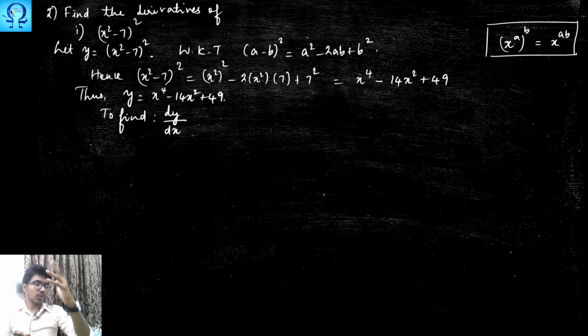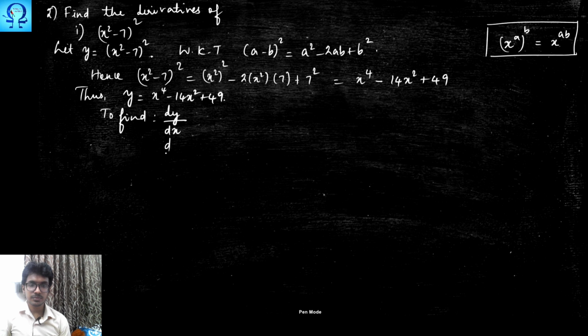We are taking the given function as y. But still, why are we finding dy by dx? Because here in the given question, the only variable involved is x. And that is why we were able to come to a conclusion that we have to find the derivative with respect to x.